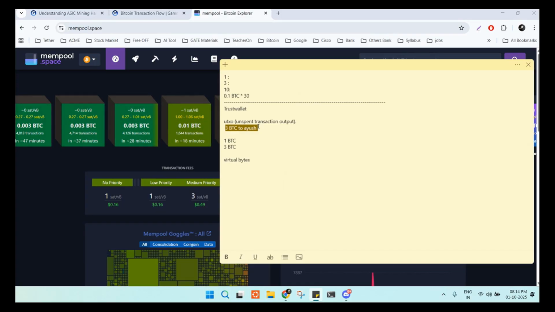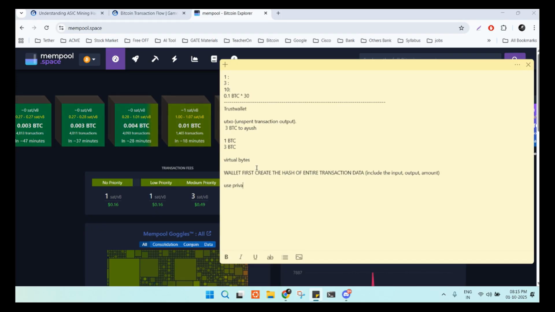The wallet, and when I say wallet, that is Trust Wallet, or if you're using Trezor, it should be Trezor, first creates the hash of the entire transaction data. It will include the inputs, outputs, amount, everything, and it will create the hash.